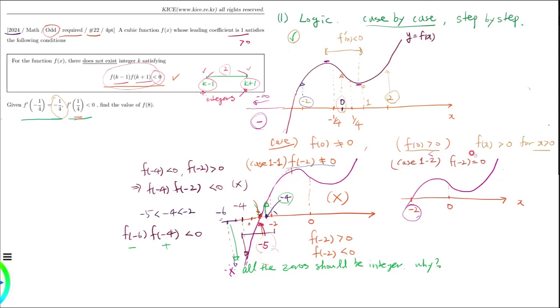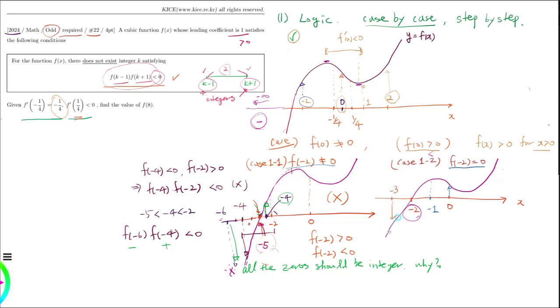However, when f of negative 2 is 0 and f of 0 is positive, we have the intermediate integer negative 1 and their partner, negative 3.